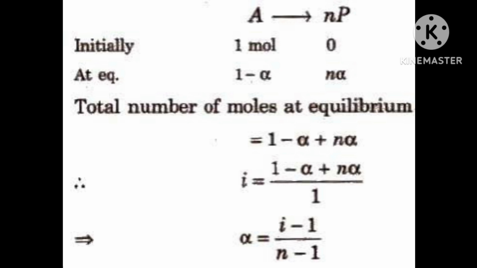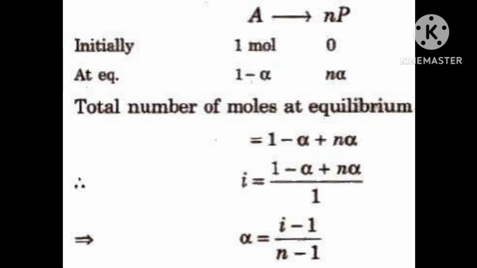Now second, if x mole is associating, then how many moles will it form after association? Then it means 2 mole is becoming 1 mole. Then x mole is becoming half mole, x by 2. x mole becomes x by 2 because 2 mole is becoming 1.